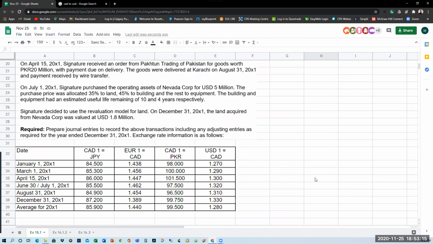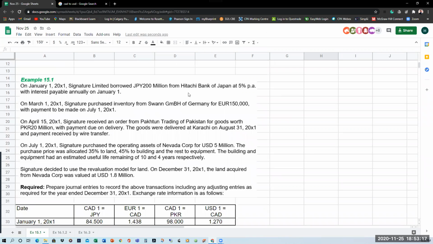Okay, so if that is done, then you have to remember we had borrowed money from the Japanese bank at 5%. Interest is payable January 1st. So the first time interest will be paid will be Jan 1st, 2002. However, you folks would not have made it thus far in accounting without knowing that, well, if time has passed, then we need to accrue for the interest expense, right?